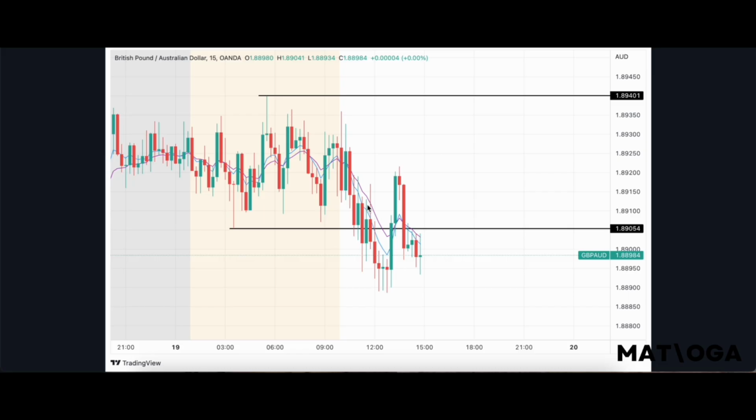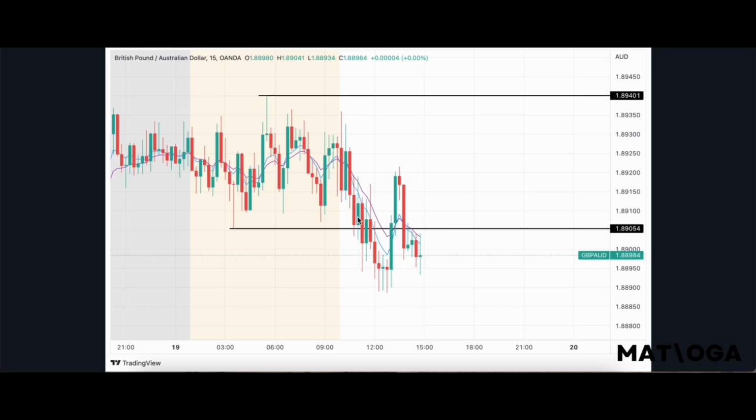Even though right here we had a short signal, right here we got a long signal, it's a mixed signal chart. I wouldn't take this short or this long simply because of how messy the chart is. Sometimes it's better to avoid the position rather than take it like a robot. Yes, this is the entry, short.